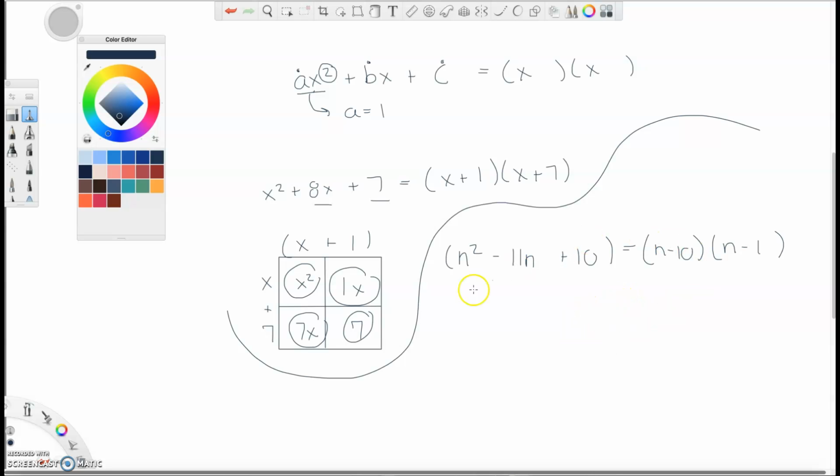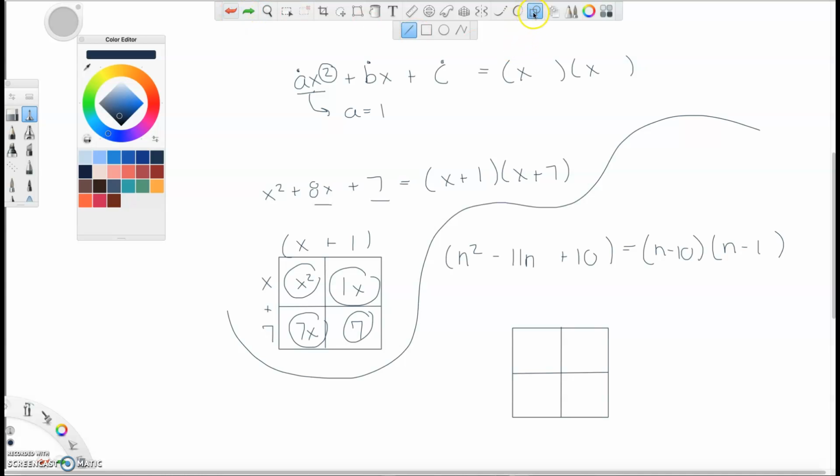All right? Now let's try using the box method once again. Okay? All right. Actually, let's go back. We're actually going to create a box here. Let's create our box. Now let's draw our lines. So we create a 2 by 2 box. Now remember, in the upper left corner, you put your leading term of n squared.